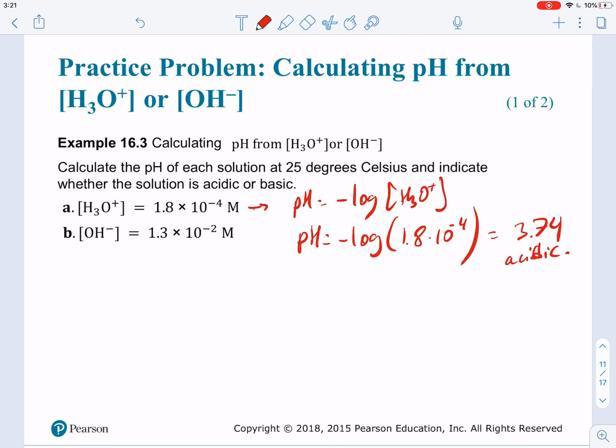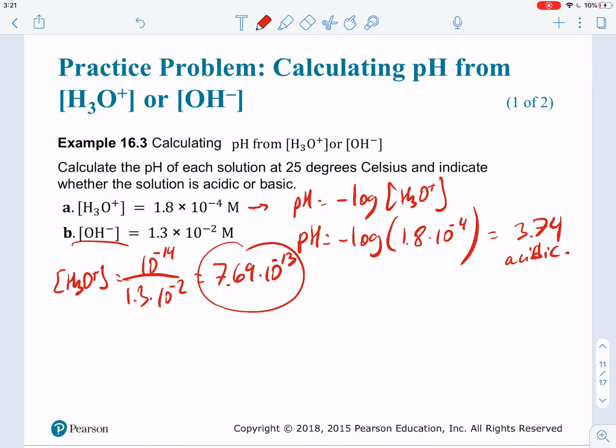If you have the concentration of hydroxide, you still can do it, because the concentration of H3O+ is equal to 10 to the negative 14 in this particular case, divided by 1.3 times 10 to the negative 2. This is equal to 7.69 times 10 to the negative 13, and now this is the number that you plug into that equation.